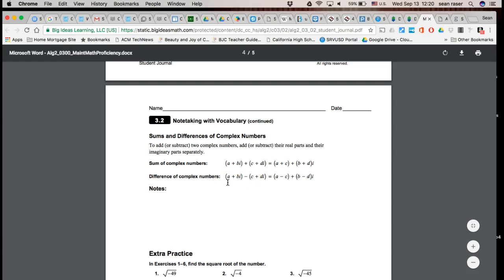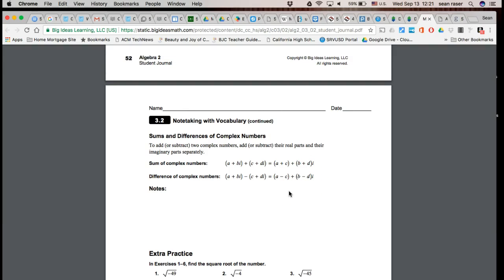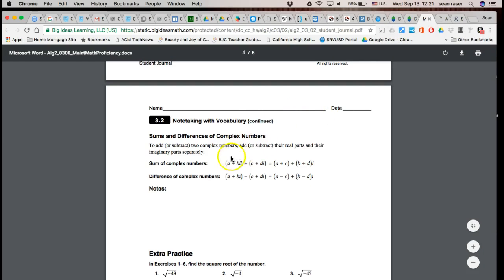You're going to see an example of that in a second. For subtracting complex numbers, all we do is subtract the real parts and subtract the imaginary coefficients and combine, and that's our simplified standard form complex number. So this is going to make sense when you see these examples in a second.